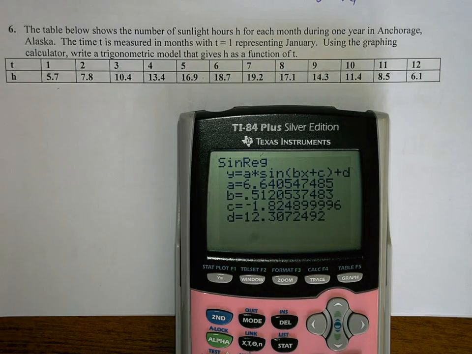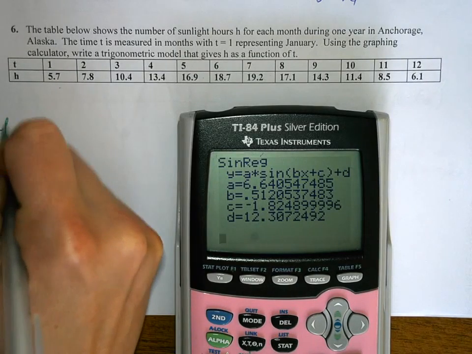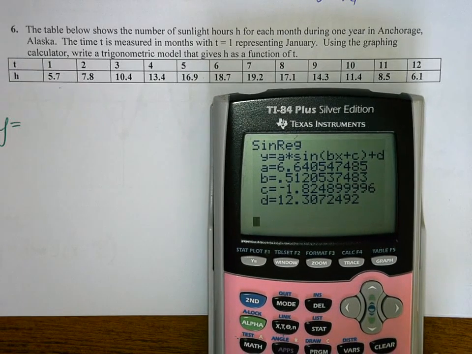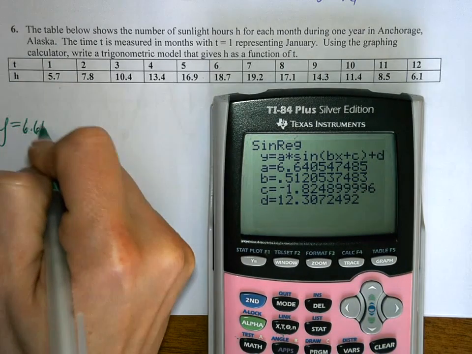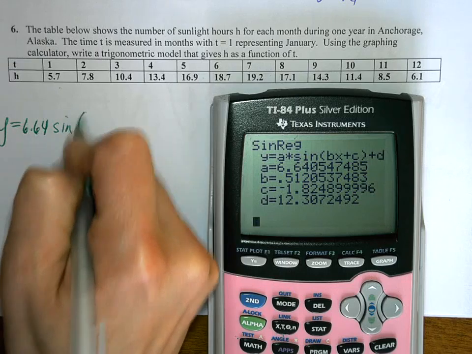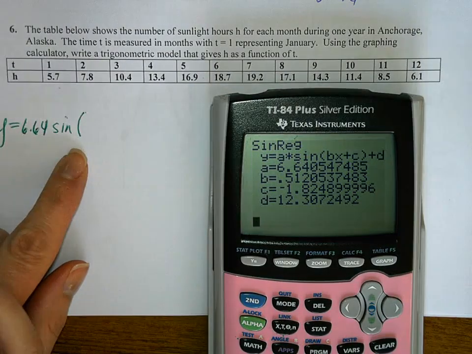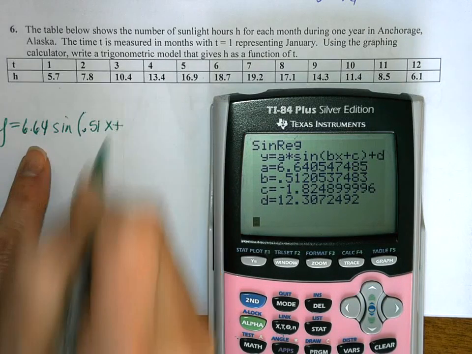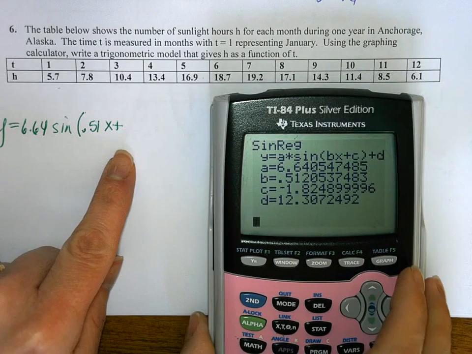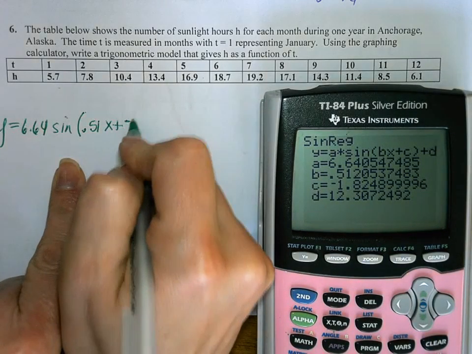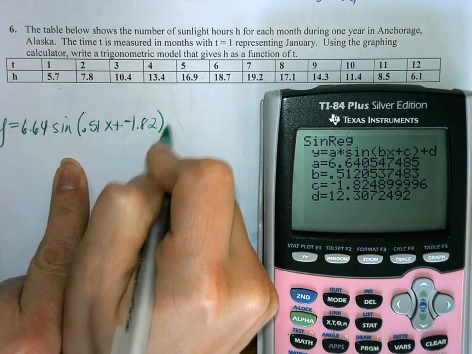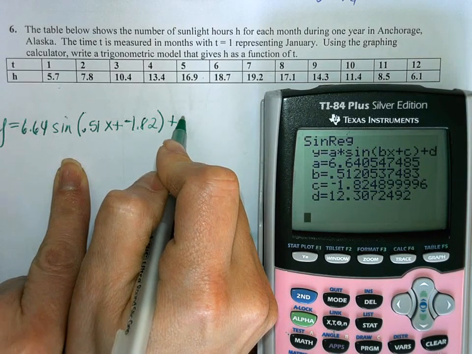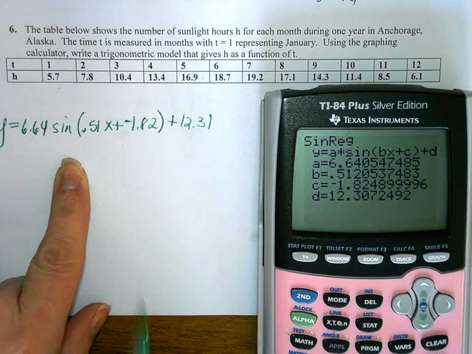Okay, so as we begin to look at this equation, it's going to be y is equal to, what's my a value? 6.64 sine in parentheses of, what is my b value? 0.51 x plus my c value, negative 1.82 parentheses, plus what is my d value? 12.31 if I'm rounding to the nearest hundredth.